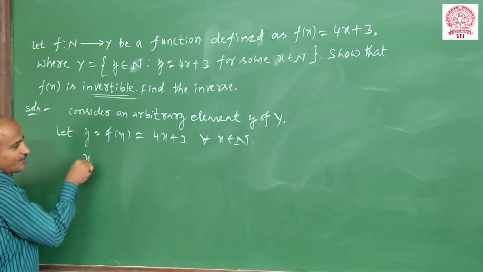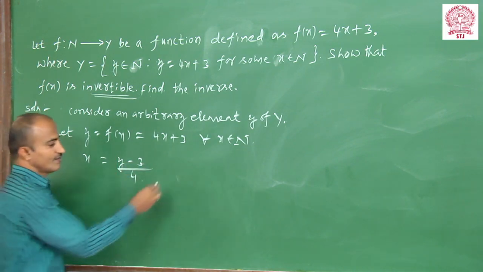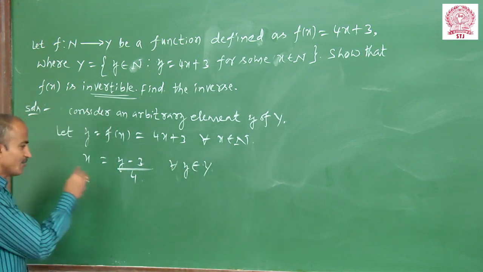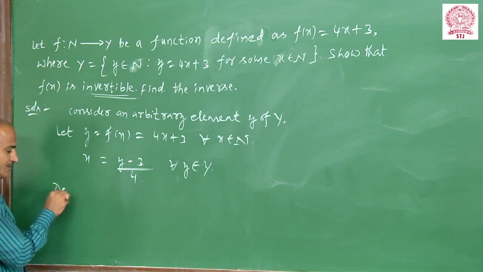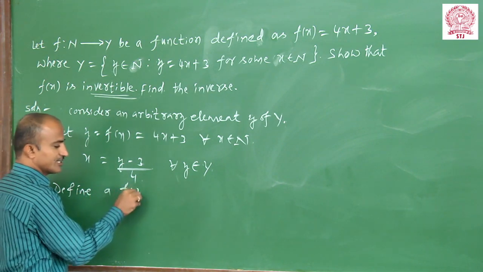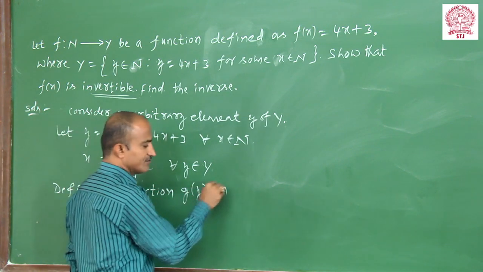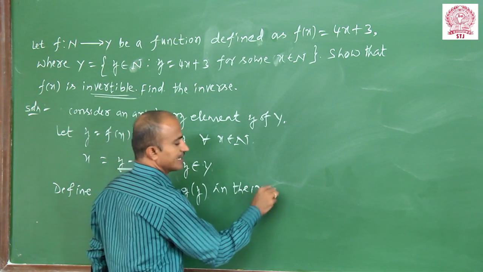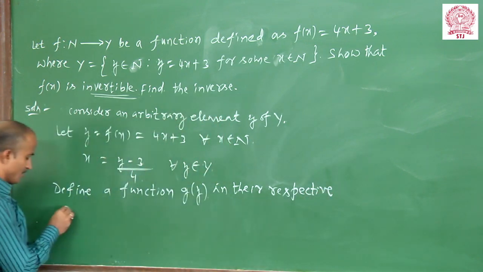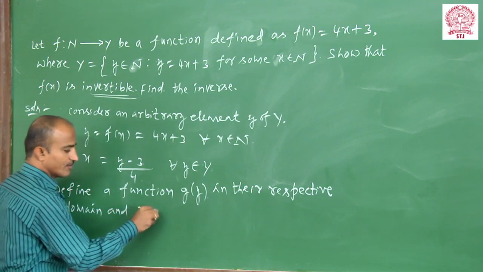From this one, solve for x. We have x is equal to (y minus 3) by 4 for all y belonging to Y. Now we will define a function g in the respective domain and range.